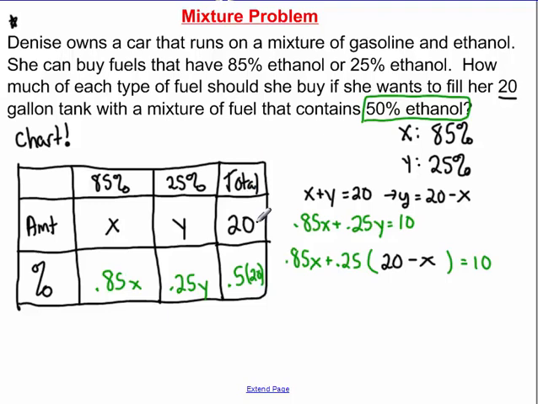Now it's just a matter of simplifying. Okay, let's look at what I got here. 0.85X plus 0.25 times 20, which is 5, minus 0.25X is equal to 10. 0.85 minus 0.25, that's 0.6. If I subtract that 5 over, we get 5.